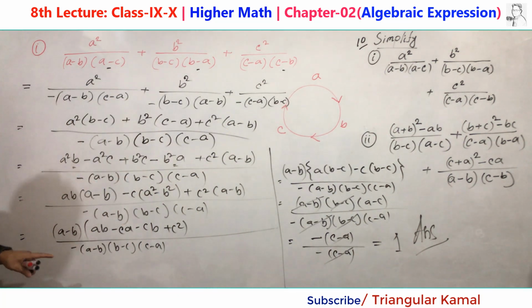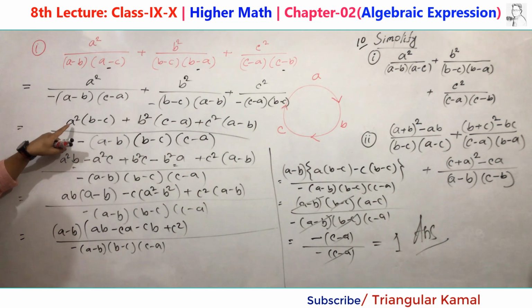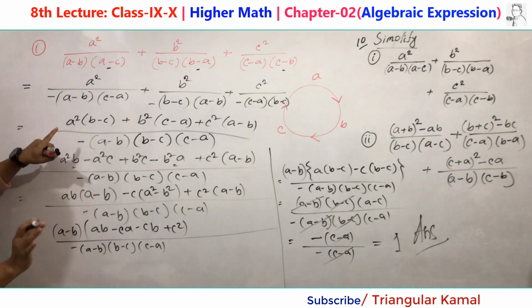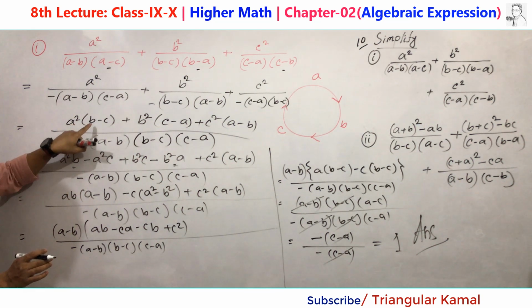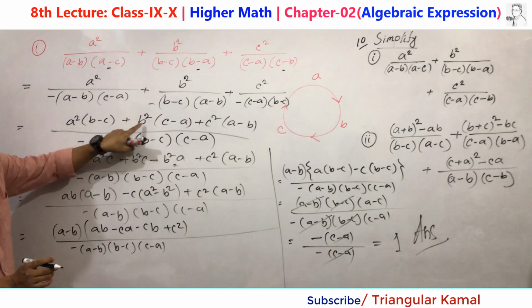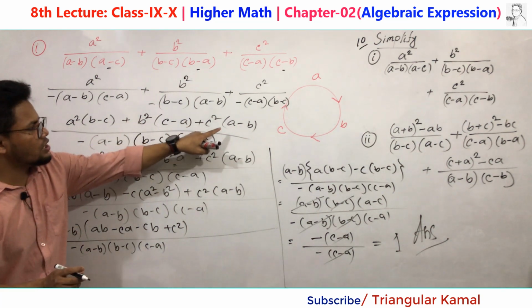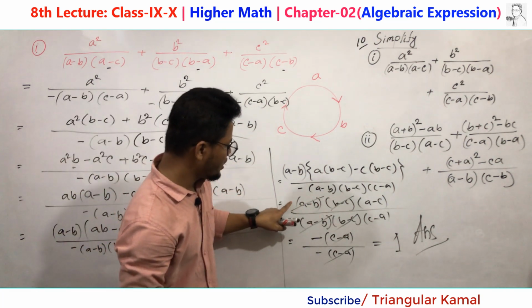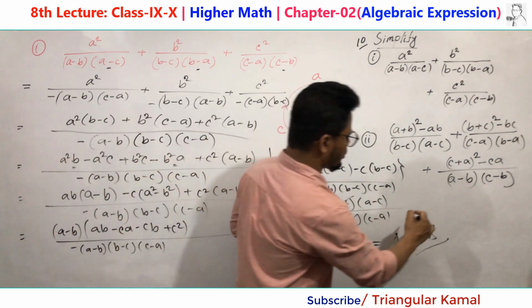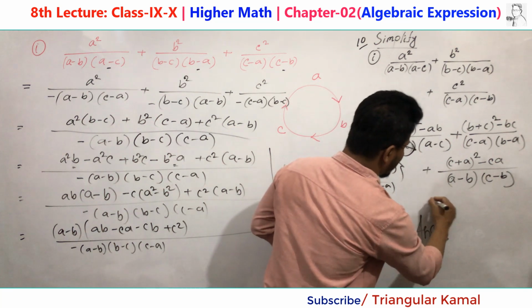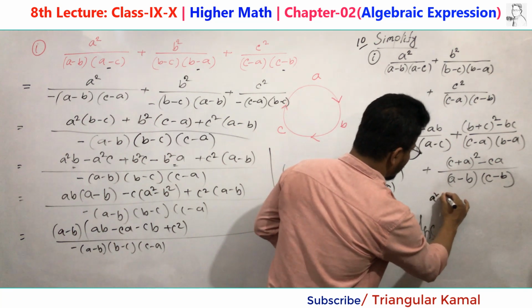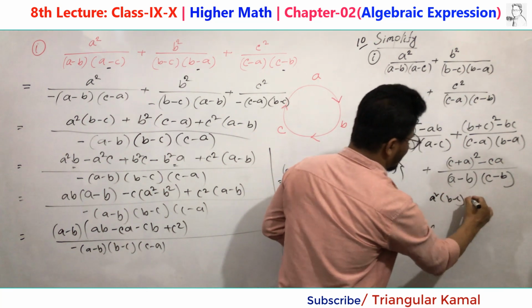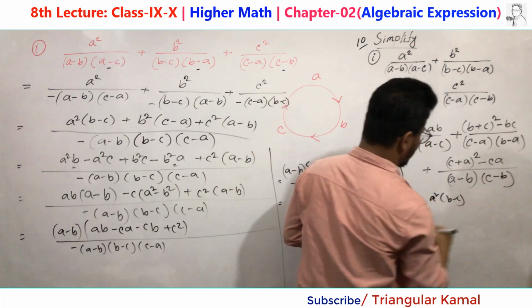Okay, finally, what we want here. Give attention to the numerator part: a square (b minus c), b square (c minus a), c square (a minus b). Finally we get the result here. If we take minus common, this one will be a square (b minus c) or c square.